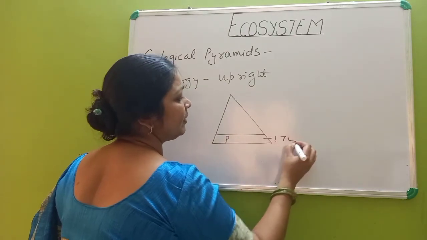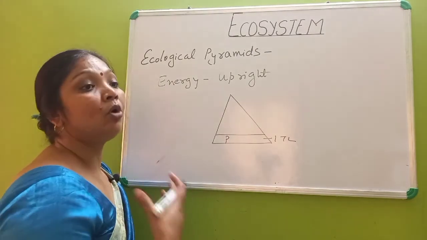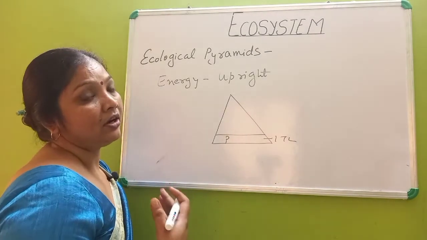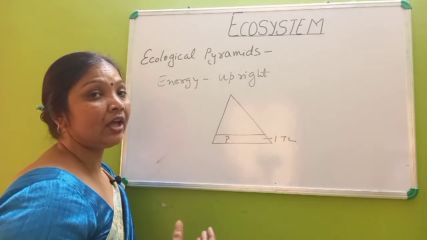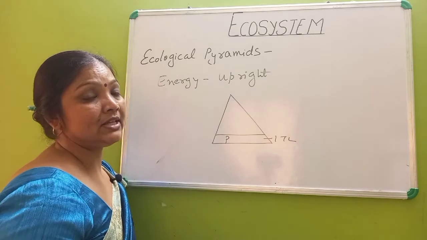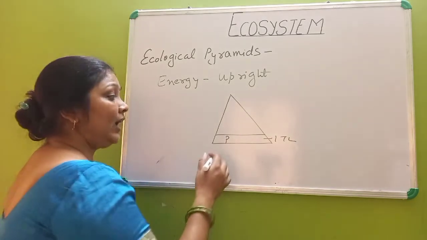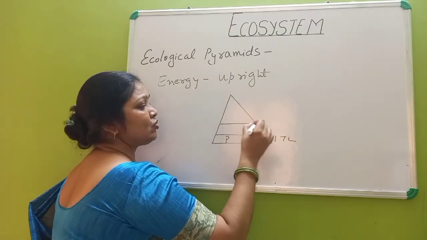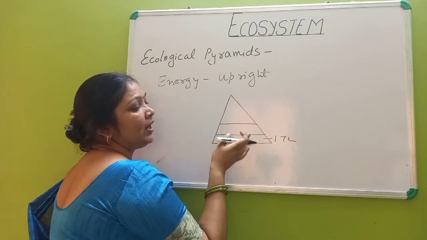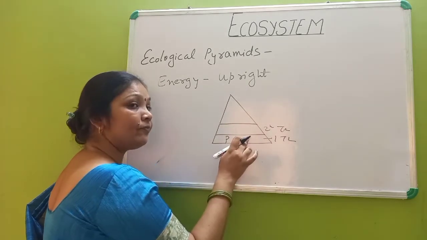The first trophic level will always be the producer, and there will be more energy in this level, because this is the trophic level that obtains energy directly from the sun, and then they utilize the energy and pass it to the next trophic level. So the energy in the second trophic level will be less than that of the producer.